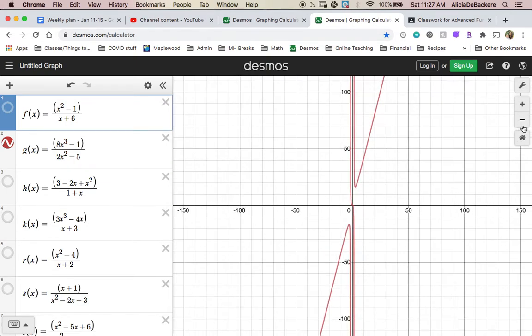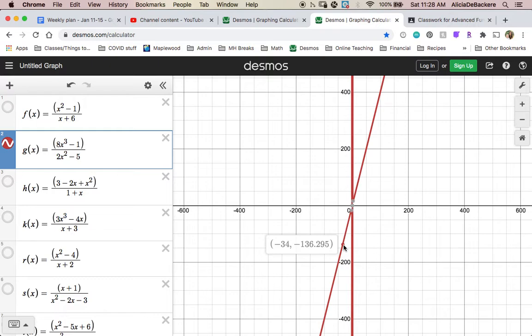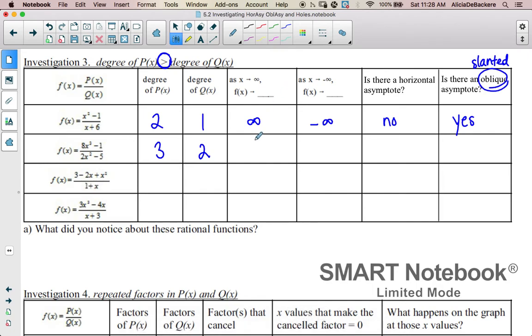So I'm going to zoom way out. Oh, and what do you know, there's another section to this graph, and as I zoom here, when I'm sliding to the left side of the graph, I'm getting negative infinity for my y values, and as I slide to the right side, I get positive infinity for my y values. So same as last time.